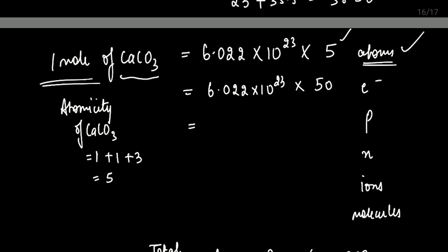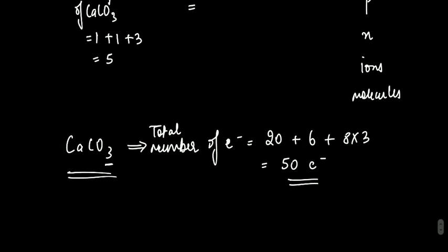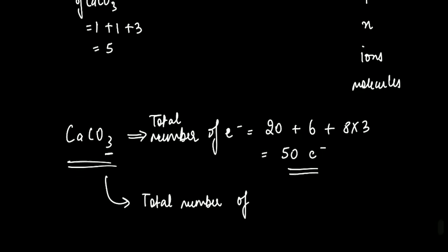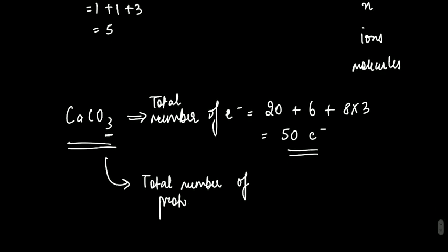Now, if we talk about the protons, so total number of protons. So protons, again same atomic number, 20 for calcium, carbon is 6, oxygen is 8.